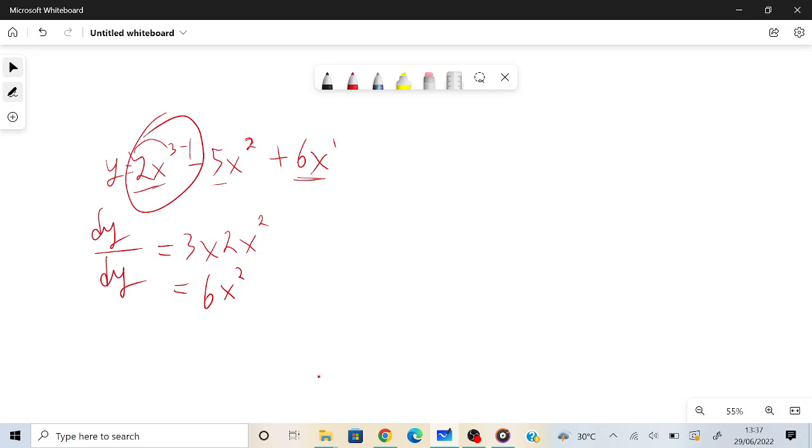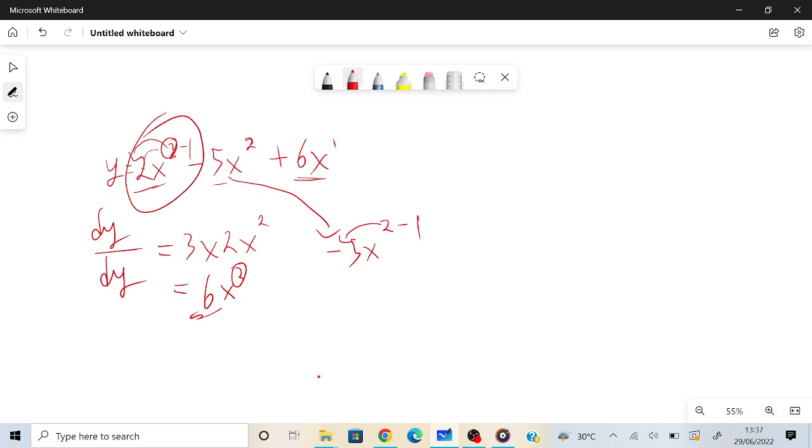Now again, where did we get the 6 from? We took the power we had, which was 3, and we brought it in front of x. Now in this case, x already had a coefficient, which was 2, so we had to times it by 2, which gave us 6, and you got 2 over here because you took away 1 from the original power, which was 3. Now doing the minus 5x squared, again, same rule, take the 2 here, subtract 1 from the power.